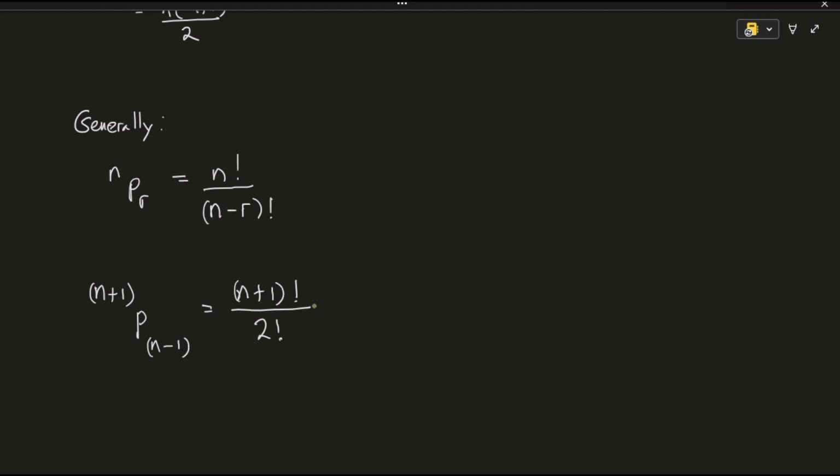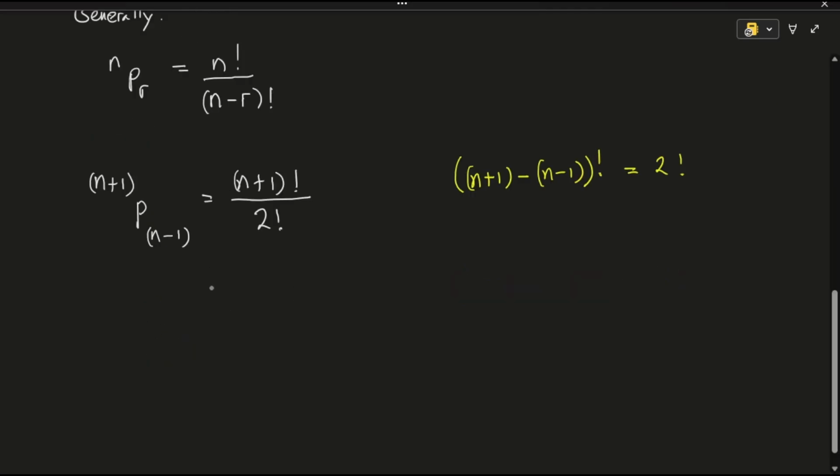Here we got 2 because n plus 1 minus n minus 1 factorial will give us 2 factorial. If we are to go by the general equation given up here, where n plus 1 is n and n minus 1 is r, and we simplify, we're going to get n plus 1 factorial over 2.